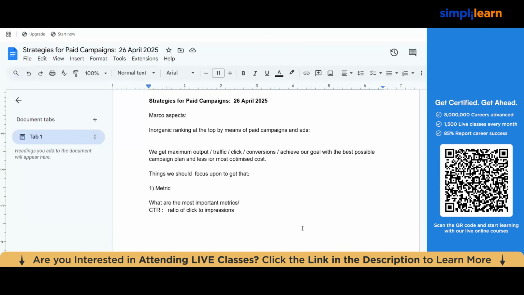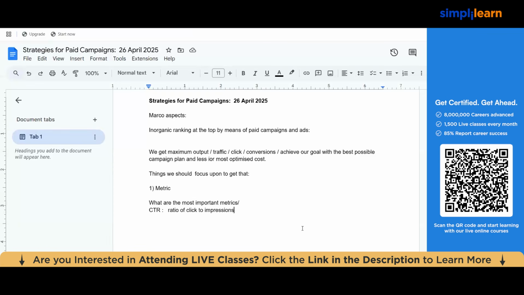It depends on what kind of campaign I've done, whether it's a search campaign, a display campaign, or a social media campaign, and what the usual CTR rate is for each of them. If I'm able to achieve the CTR rate as per the average standard, my campaign is successful.